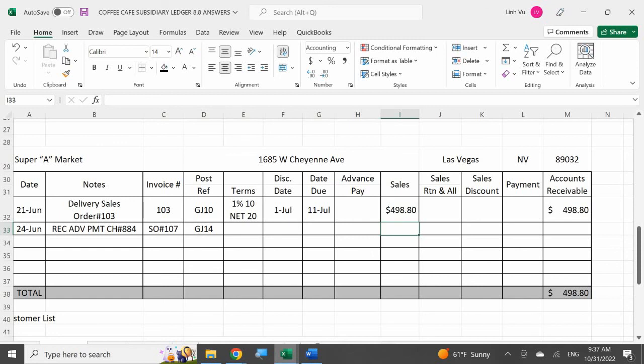So we have terms. Did we sell to Super A yet? No. Okay, so there shouldn't be any terms. So we put in the advance payment. Not that section, not until we actually issue the invoice.